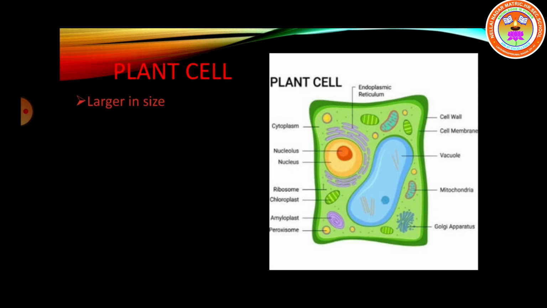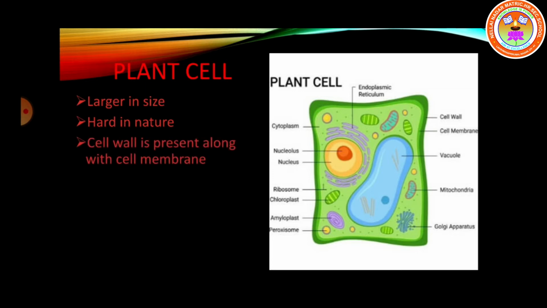Children, when you compare the plant cell and an animal cell, the size of the plant cell is larger. And they are hard in nature. So the plant cells are larger in size and hard in nature.